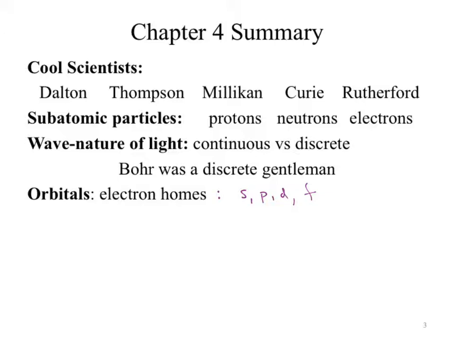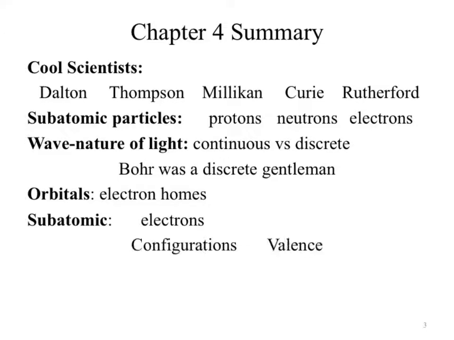Right? Subatomic particles. This is where electrons really come into more play because we're describing where the electrons exist within those. We run into two possible discussions, either configurations or the valence shell. The valence shell is going to become really important when we look at bonding. Configurations is looking at what we just went through. Okay, what are all the electrons that go into an individual structure?